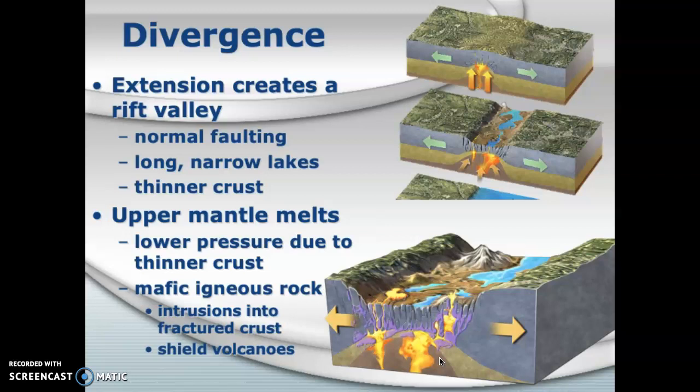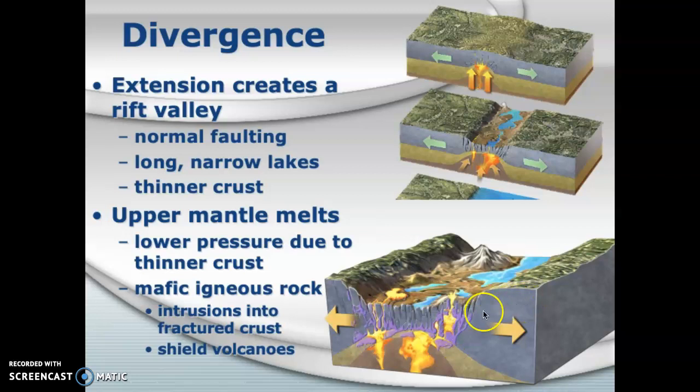So when we thin the crust, the pressure is reduced and the underlying mantle melts. Now once we have molten rock, that molten rock is less dense than the surrounding solid rock, and so it begins to rise up to the surface.